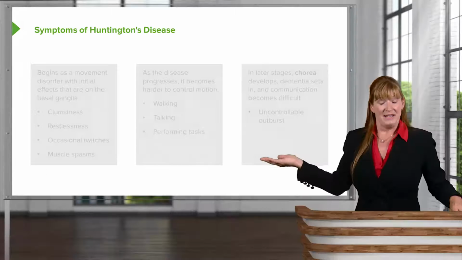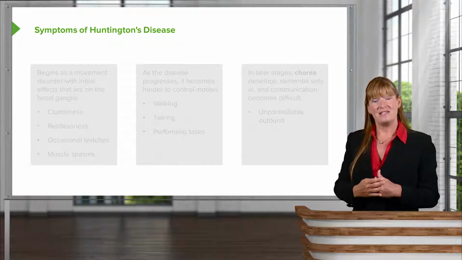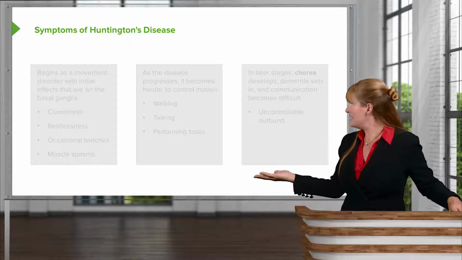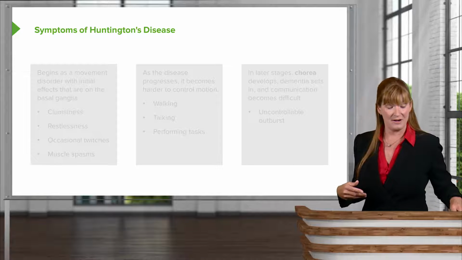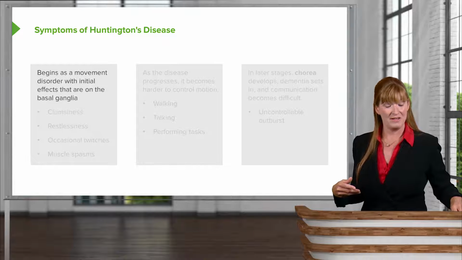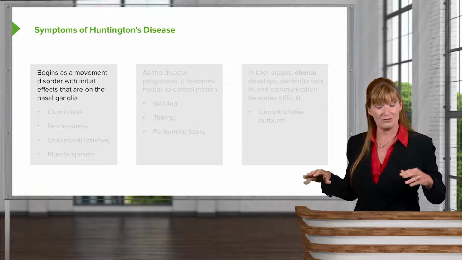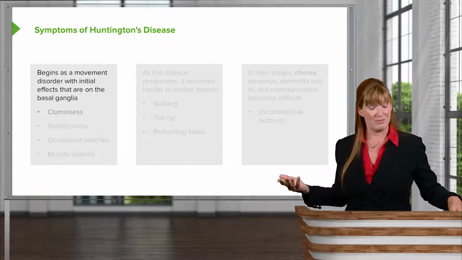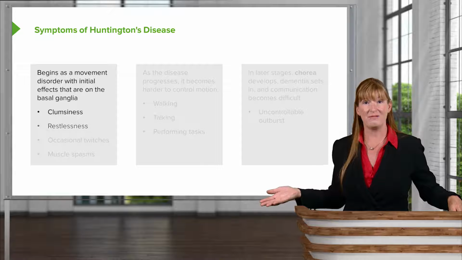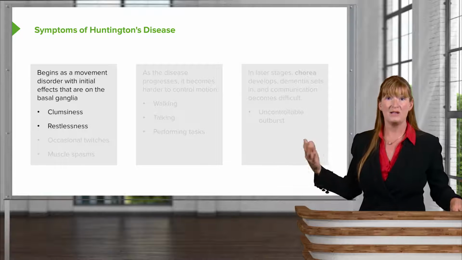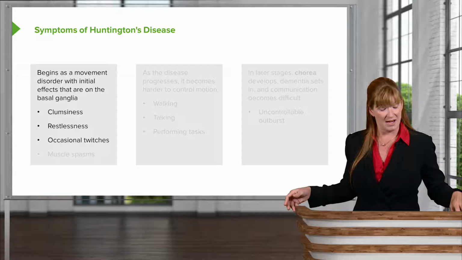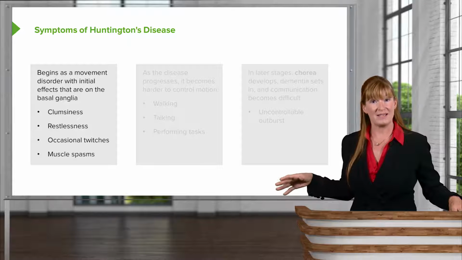The symptoms of Huntington's disease are very progressive, and I've outlined 3 stages here for you to consider. We've already covered that it begins with this sort of tremor and bradykinesia, might progress into some clumsiness, a little bit of restlessness, hard time sleeping, and occasional twitches, as well as other muscle spasms, right?